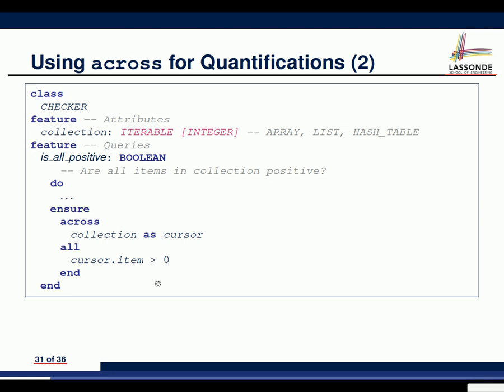So now, this across all here checks to see if every element in the array of integers is positive. A very common error is you simply say cursor rather than cursor.item. Sorry, what's the issue with that? Oh, you should say cursor.item over here rather than just cursor. Yeah, exactly.